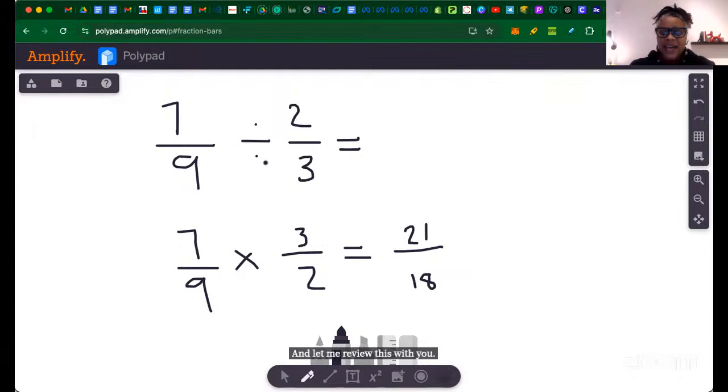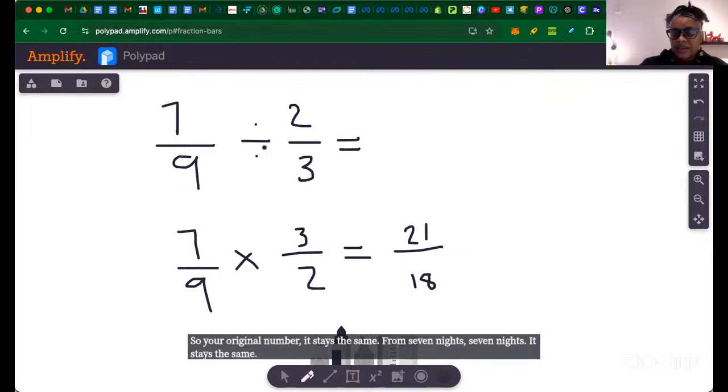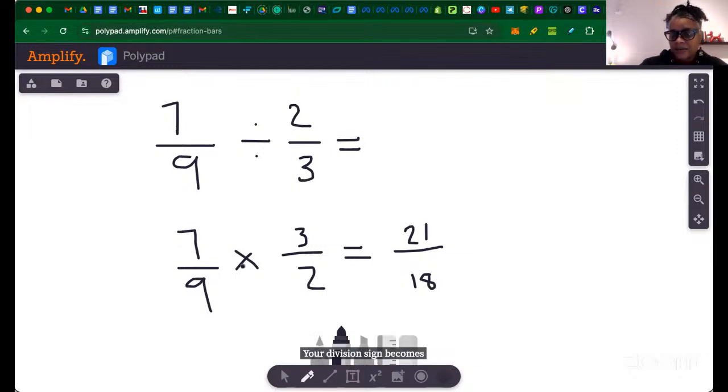When you're dividing a number, it's the same as multiplying by the reciprocal. So your original number stays the same. From 7/9, 7/9, it stays the same. Your division sign becomes multiplication. And then you take the reciprocal of the divisor.